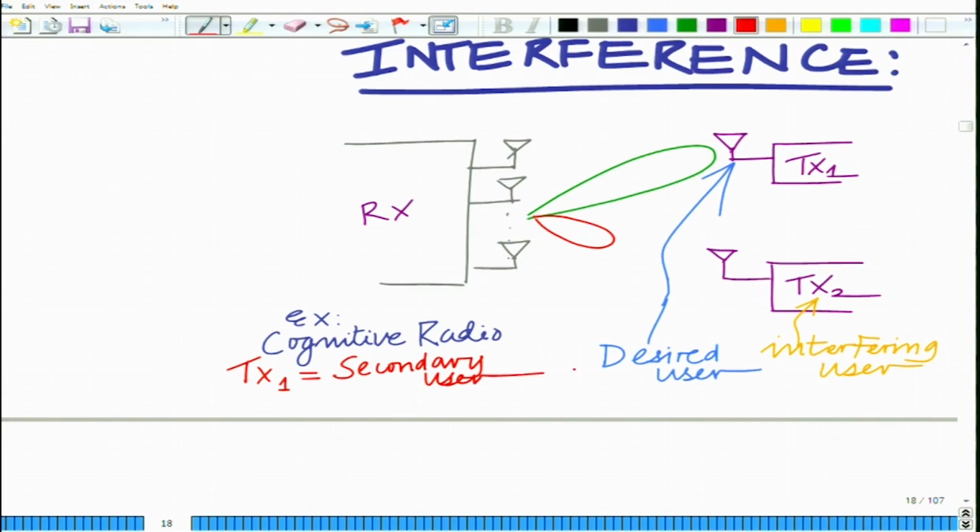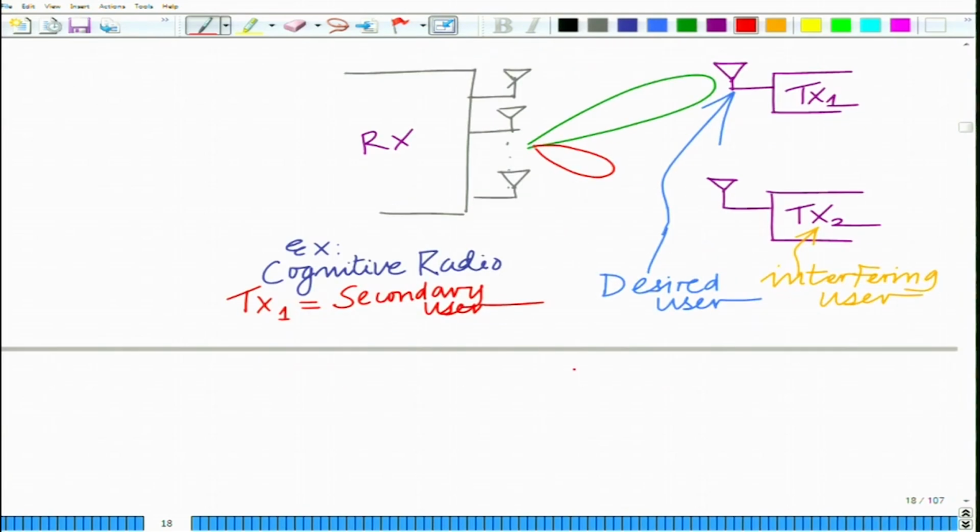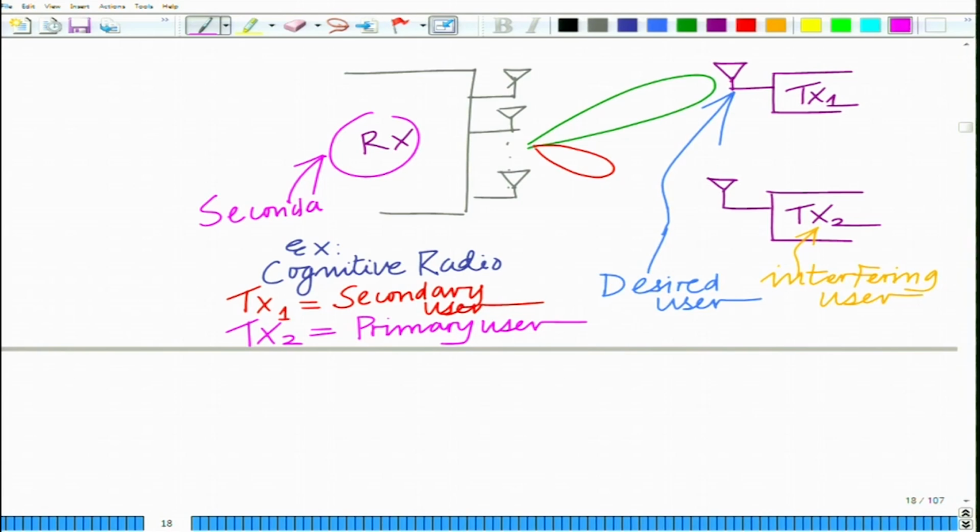So, you want to receive the signal from the secondary user, but there might be an ongoing transmission of the primary user Tx2, that is the undesired user, at the secondary receiver. So, you want to reject it at the secondary. So, this Rx can be the secondary receiver, the secondary user receiver, or you can also think of this as a secondary base station.